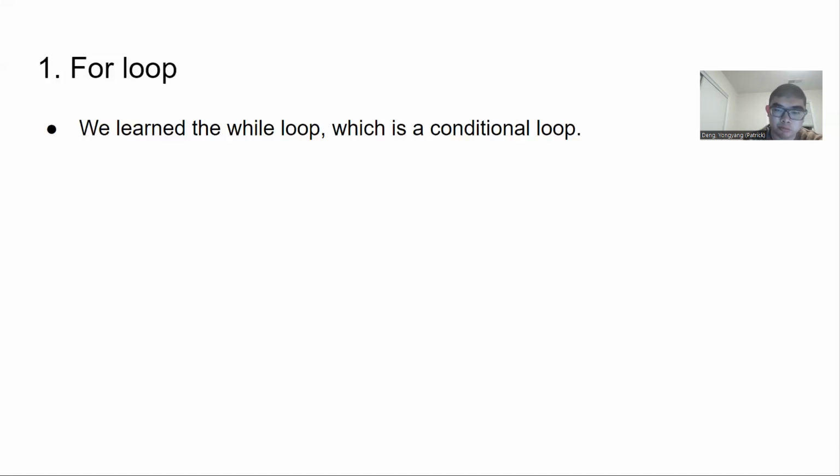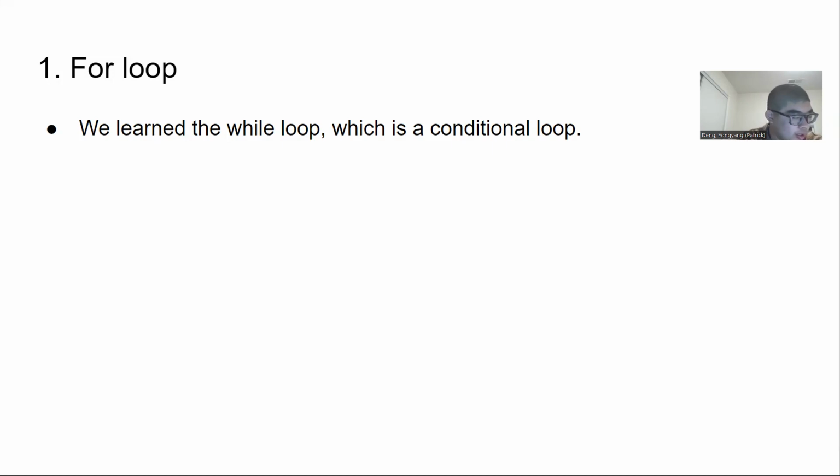We learned the while loop, which is actually a conditional loop, which means that every time you enter the loop, you have to evaluate a certain condition to find out if it is true, in which case I can jump into the loop, or otherwise I will skip the loop.